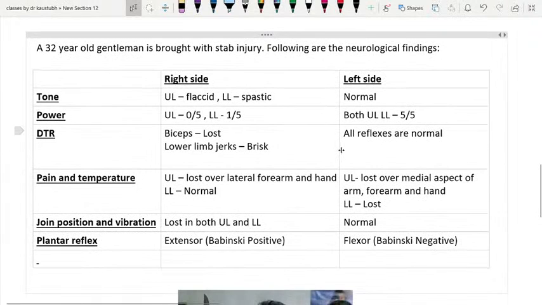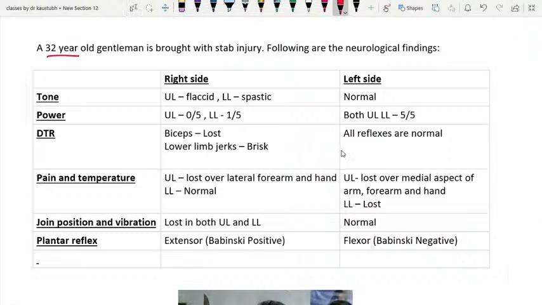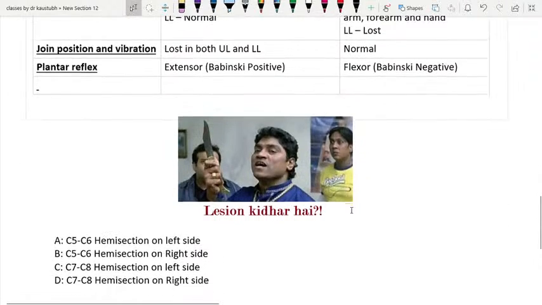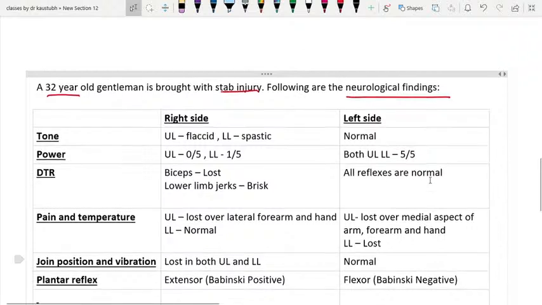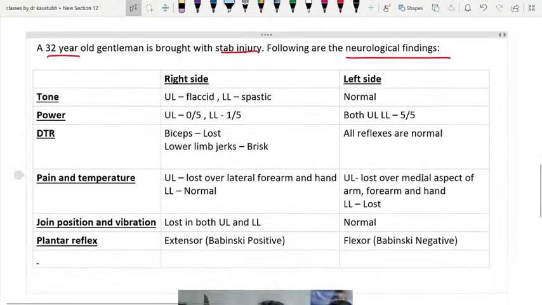Okay, one more question, and this is based on your tracks and how much understanding you have. You have a 32-year-old gentleman who has a stab injury and the neurological findings shown here. The question is asking where the lesion is. You know this is hemisection based on the options, but let's come to the table given to you.